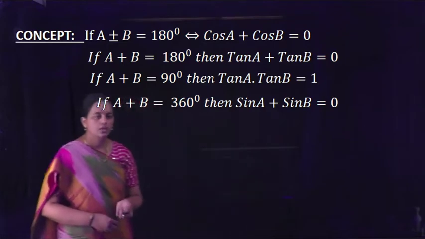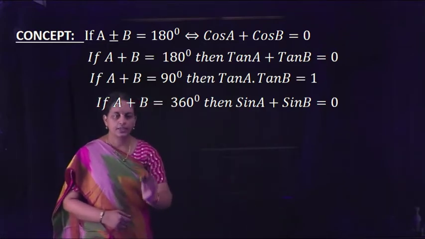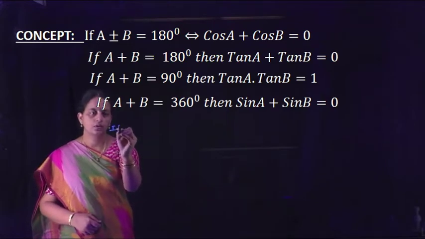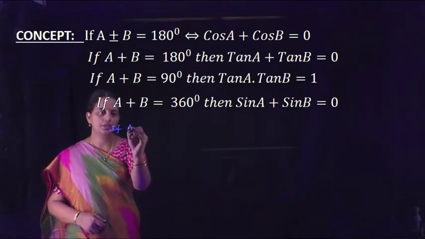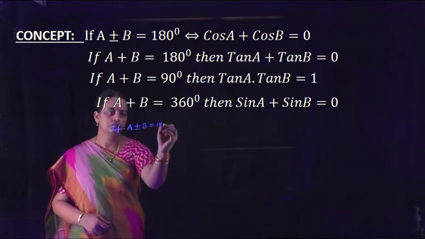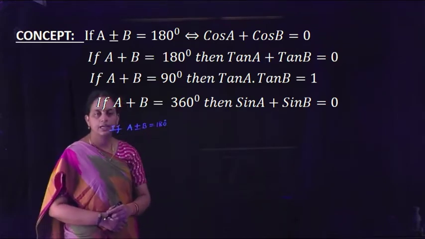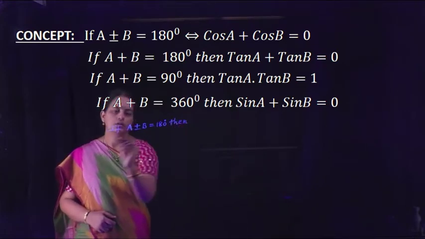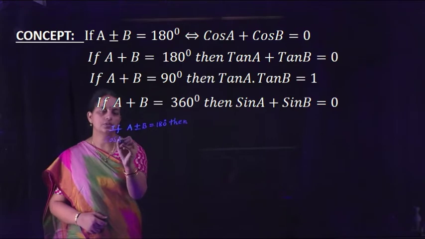Let us see the proof of the first one, that is, if a plus or minus b equal to 180, then cos a plus cos b is equal to 0.